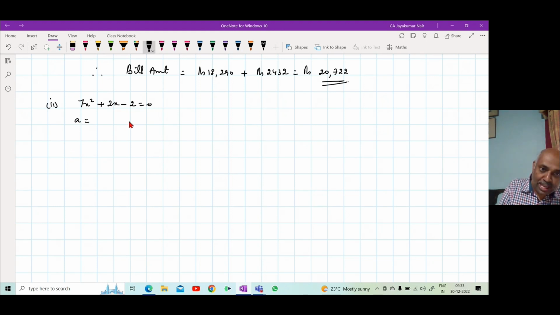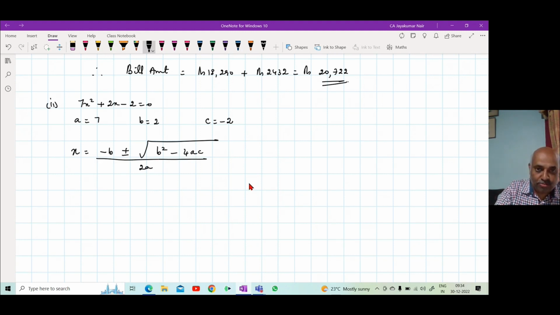So we know what is A, we know what is B, we know what is C. A is 7, B is equal to 2, and C is equal to minus 2. So if you want to find the value of x by using the formula, it's minus b plus or minus root of b squared minus 4ac, whole divided by 2a. So this is the formula.